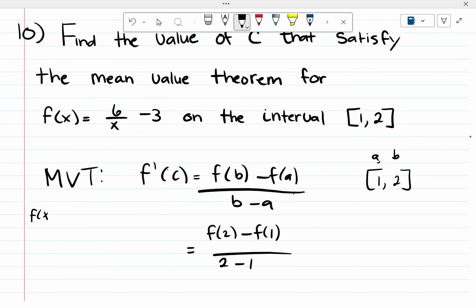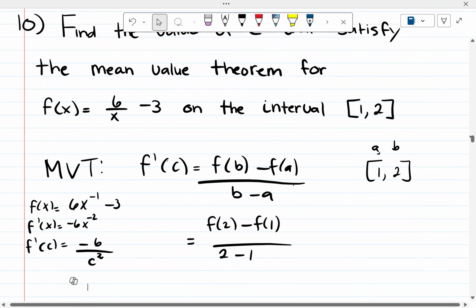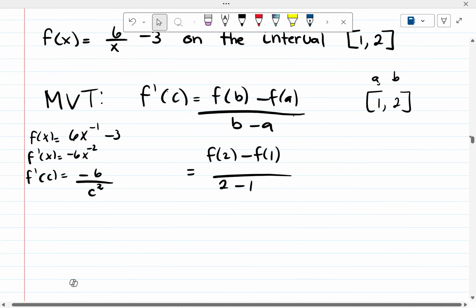If f of x equals 6 over x, that's the same thing as 6x to the negative 1. Find f prime of x. So that's negative 1 times 6, negative 6x to the negative 2, and then the derivative of 3 is 0, and then plug in C, right? So x to the negative 2 is like C squared, right? Okay. So now what I'll do is find f of 2 and f of 1.